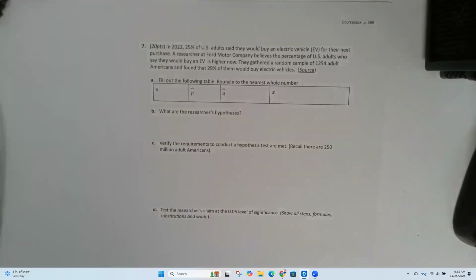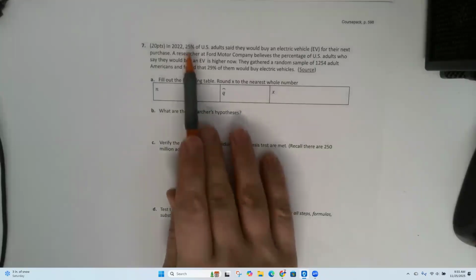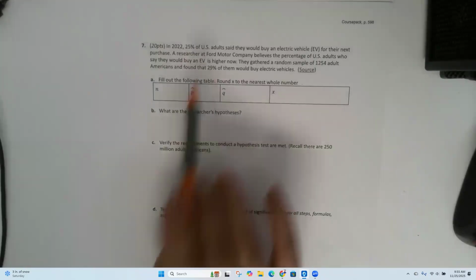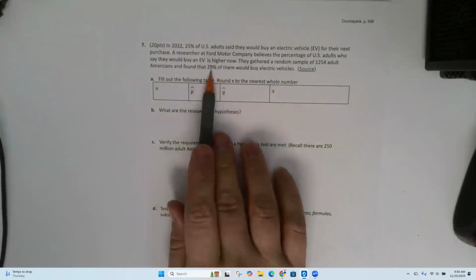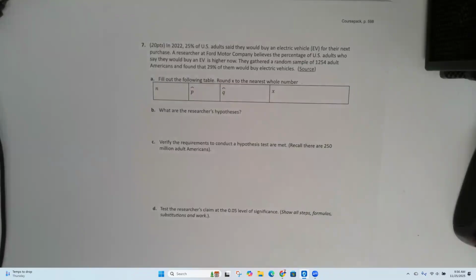So what the hypothesis testing is doing is saying, yes, you're higher than you were, but are you high enough that you can make a claim with 95% confidence that it didn't matter that it was random? You could sample any number of people, it doesn't matter who you sample, you're always going to get that this proportion, this p hat, is higher than it was back in 2022.